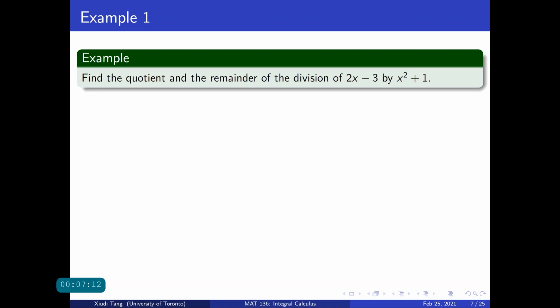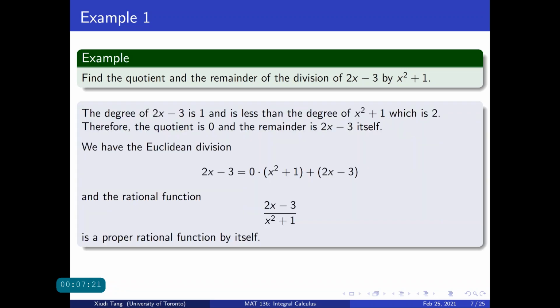Now, the first example: find the quotient and the remainder of the division of 2x minus 3 by x squared plus 1. If we look at the dividend, it has degree 1, and the divisor, or the denominator, x squared plus 1, has degree 2. So the dividend already has lower degree, and there's nothing to divide.